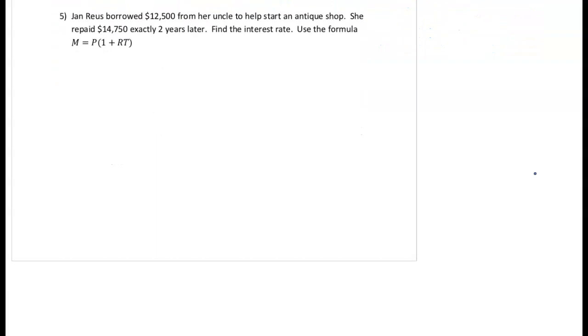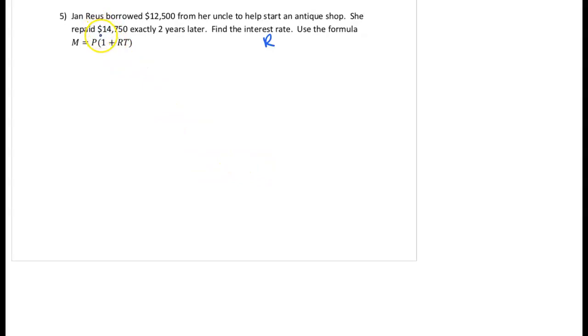Jan borrowed $12,500 from her uncle to help start an antique shop. She repaid $14,750 exactly 2 years later. Find the interest rate. So again, we're still finding R, okay, and use the formula M equals P times 1 plus RT.